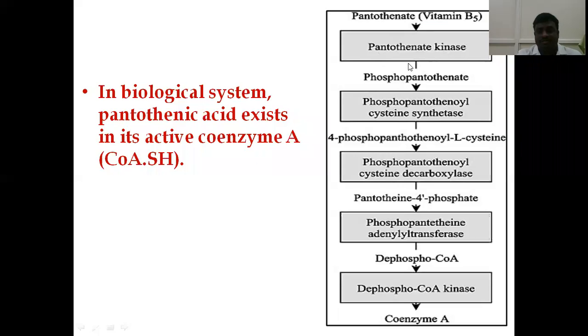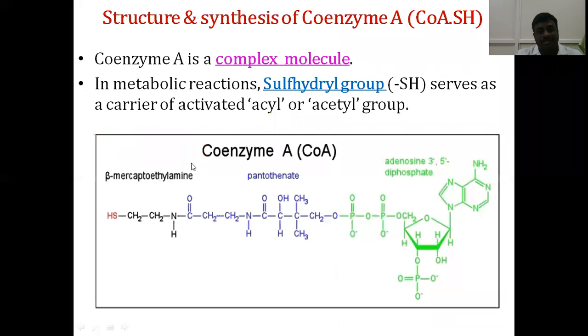It is not required; you just have to know that vitamin B5 is present in coenzyme A. In the biological system, pantothenic acid exists in its active form, coenzyme A. So this is the structure of coenzyme A. It contains adenine diphosphate, that is, two phosphate groups, and the phosphate group is attached to pantothenate.